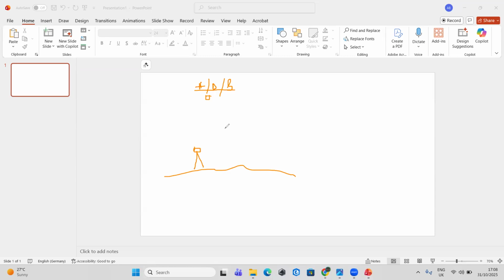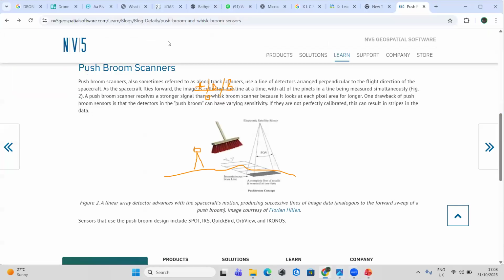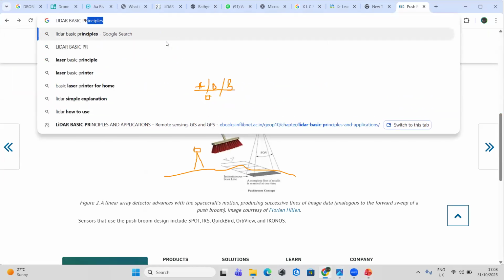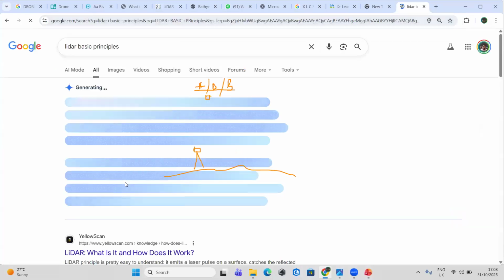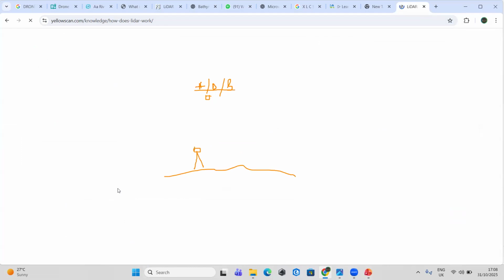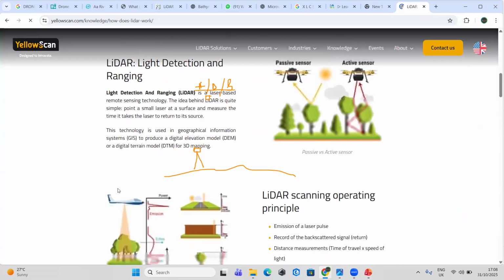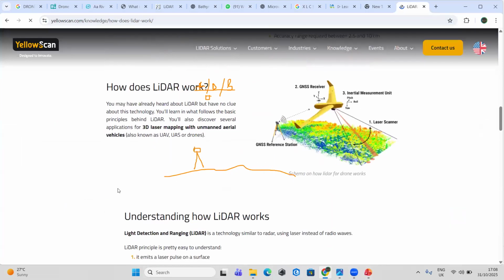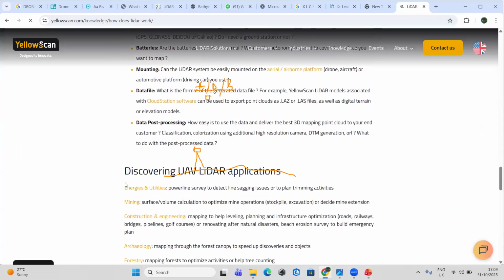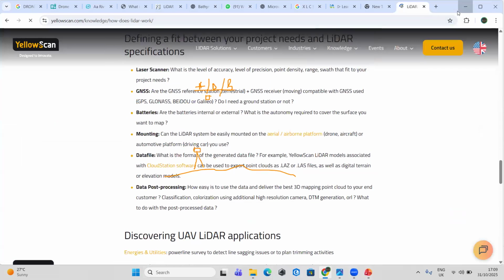LiDAR is called light detection and ranging. Maybe I explain myself only.